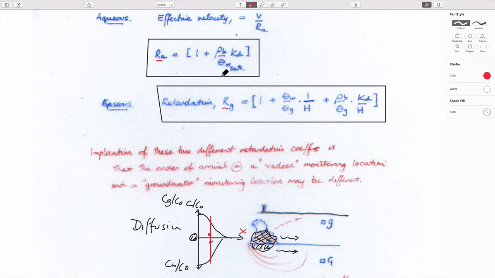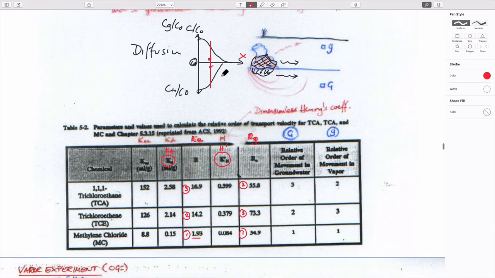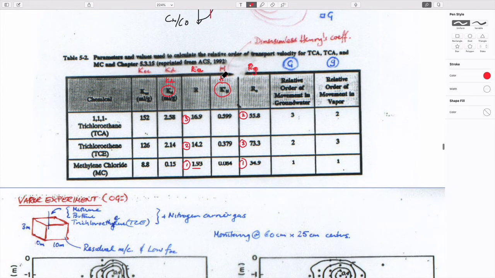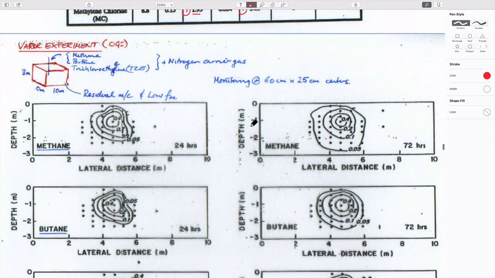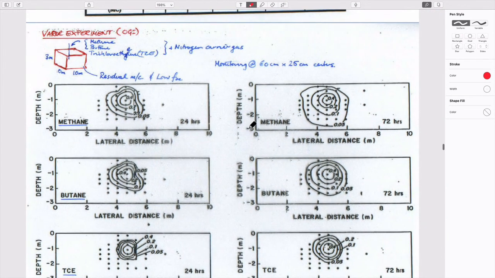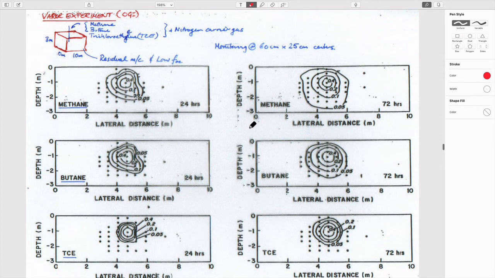And so that's maybe a curiosity, but it would explain why things would arrive at different times. So if we expect that large magnitudes of retardation in the gas means it's delayed, you'd expect it to also travel less far. And so these are just results from an experiment done at OGI, Oregon Graduate Institute.